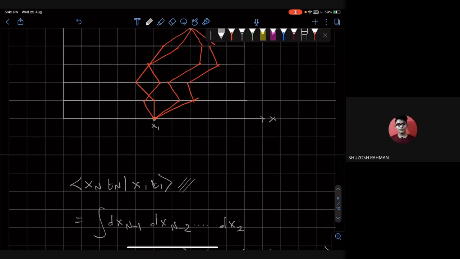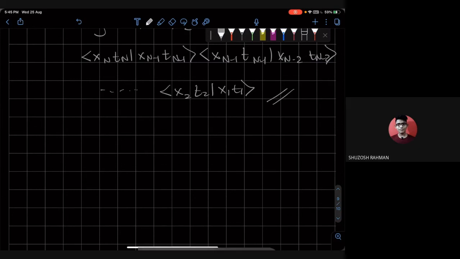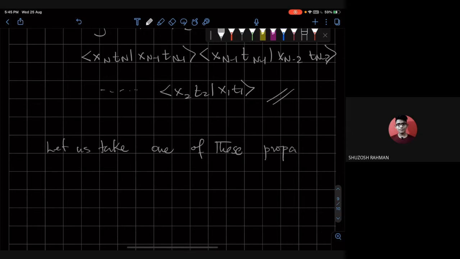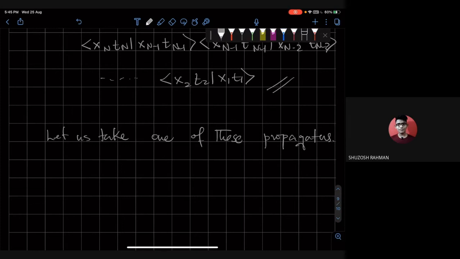Okay. So now let's see. Now let us take one of these small propagators. Let us take one of these factors. And suppose we take xn, tn, xn minus 1, tn minus 1. Okay.